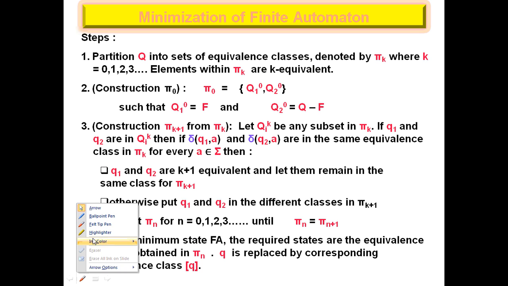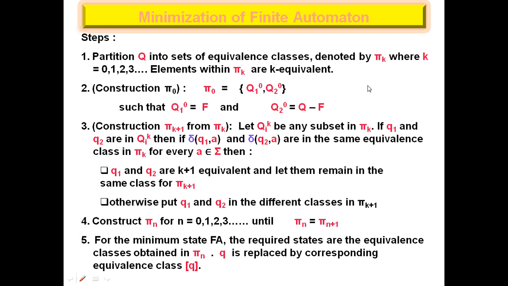Let us suppose we have states, because we have a finite automata, and assume these transitions are there. We'll have to minimize these states. The set of states available is known as Q. Right now we have 3 states, named Q0, Q1 and Q2. We have 3 states and we'll have to minimize this one.